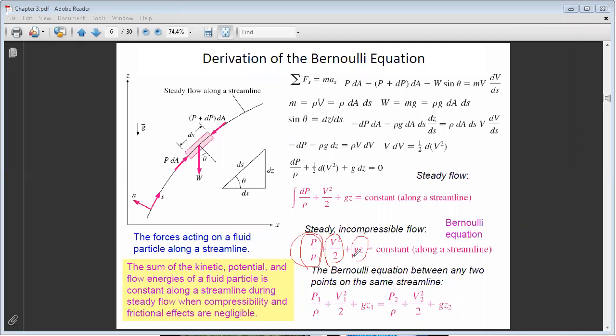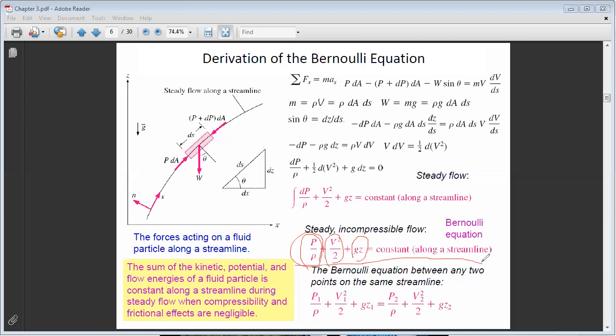So this Bernoulli equation is equivalent to conservation of energy. We can say that the sum of kinetic, potential, and flow energies of a fluid particle is constant along a streamline during steady flow when compressibility and frictional effects are negligible. So these are the conditions to apply the following relation.